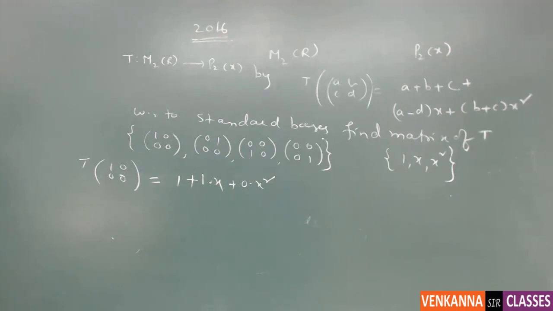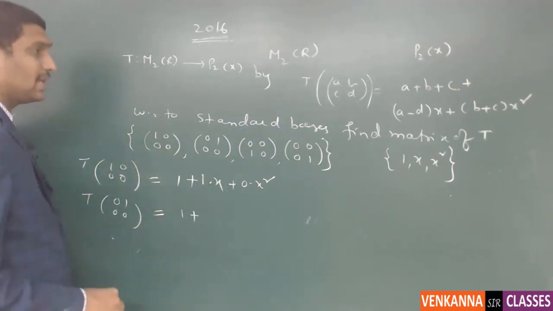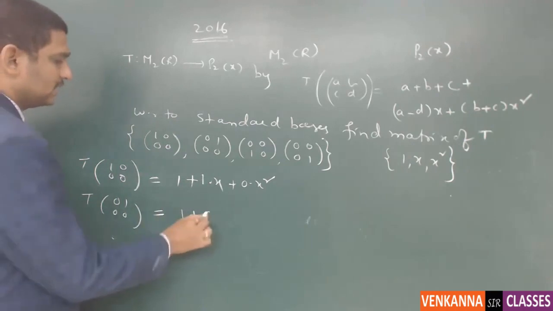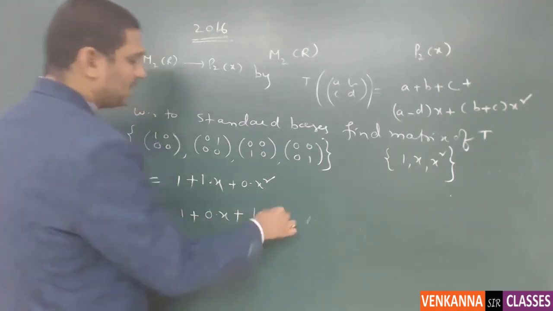Fine. Let us take the other one. So (a plus b plus c), 1, plus (a minus d), 0, plus (b plus c), 1, into x square.